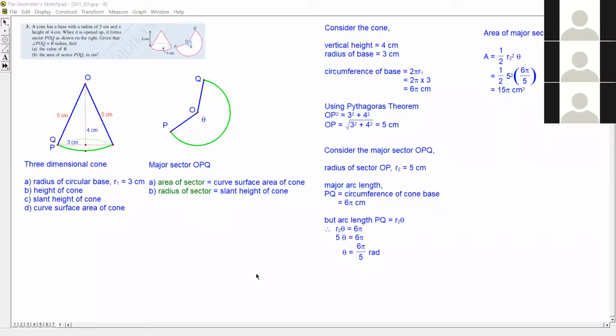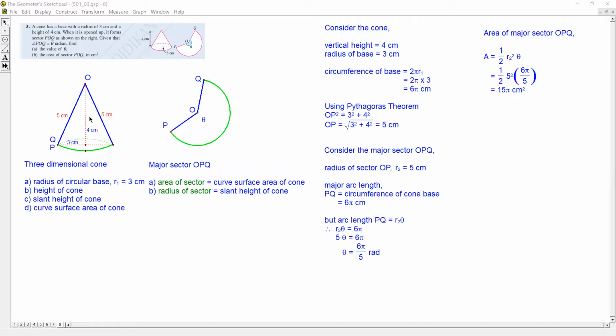Okay. So now I'm afraid that you might forget, so I write here. Now the cone is here. The three-dimensional cone: the radius of the circular base, the red line from the dot Q or P until the center of the circle, is the radius of the base.